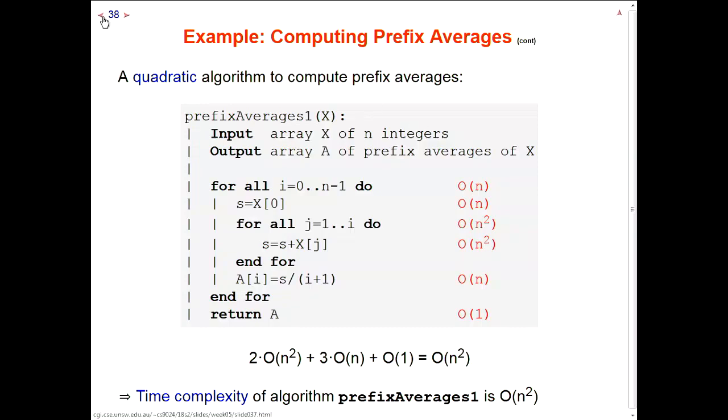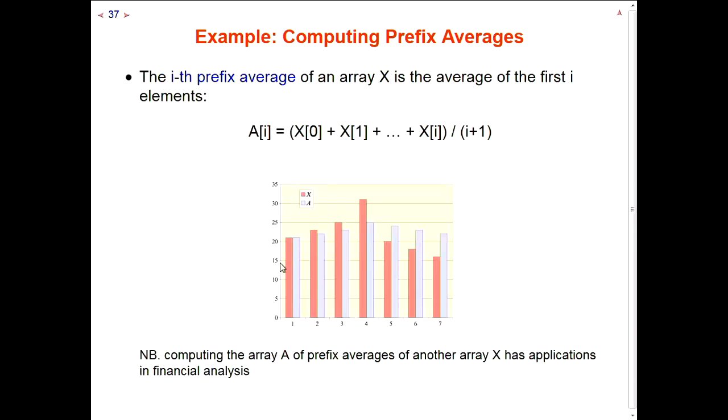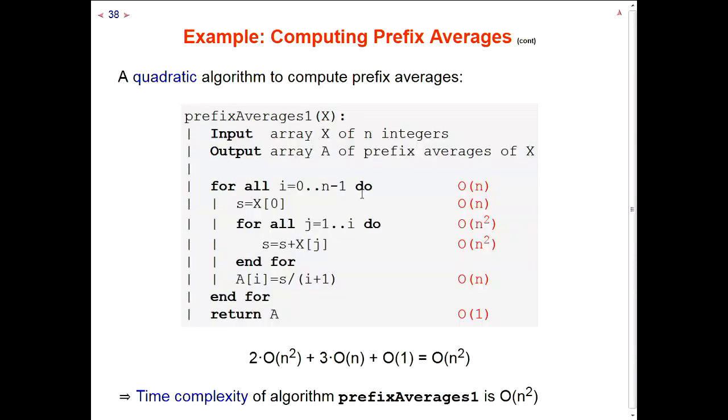So you would, first of all, just take this number and compute this number. In the second step, you would take this number and add it to this number to compute this average. In the third step, you would take all these three numbers, sum them up, divide this by 3, and so on. And this is what happens here.